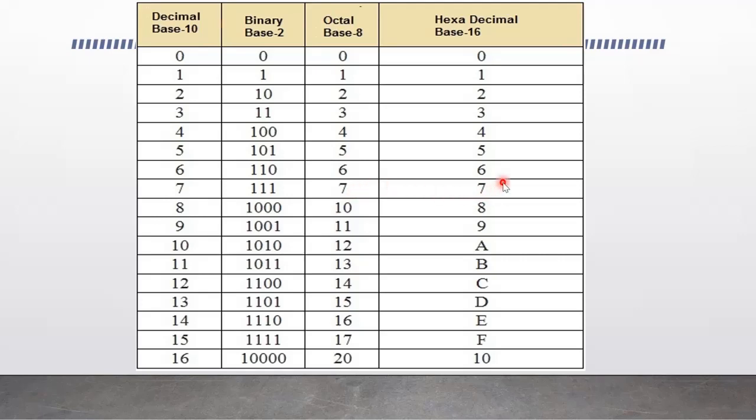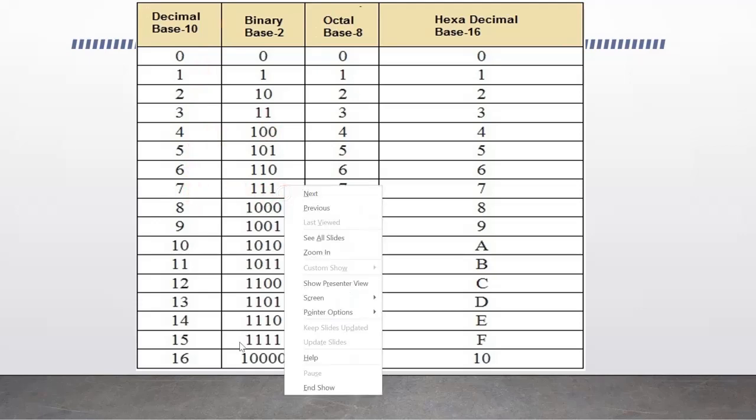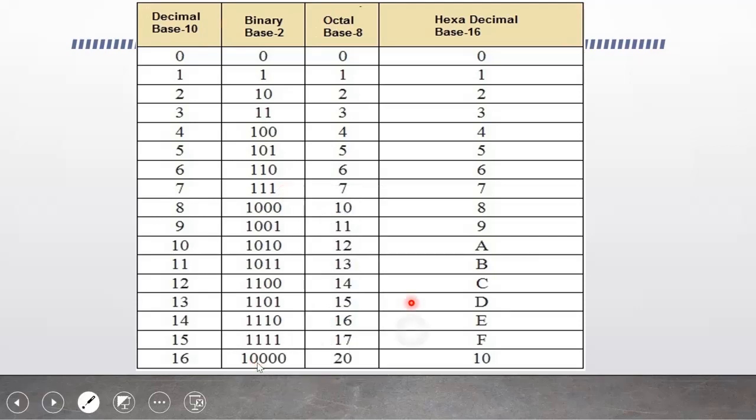So we understand from this table that to represent 4 symbols, 0 to 3, we need 2 binary bits, to represent 8 numbers we need 3 bits, and to represent 16 numbers we need 4 bits.